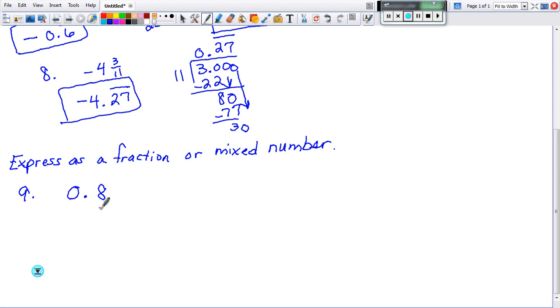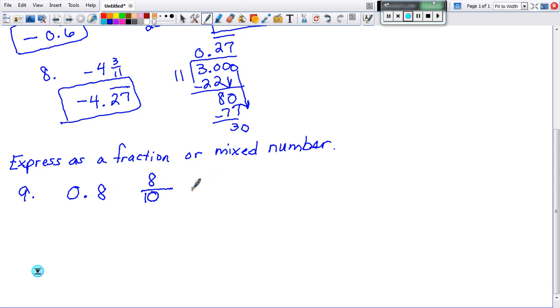Okay, so how many numbers after the decimal? You always want to make a fraction and put a 1 on the bottom, and then count how many numbers are after your decimal, and that's how many zeros go after your 1. So since there's one number after my decimal, I'm going to put 1, 0. And then the number that's after the decimal goes up top.